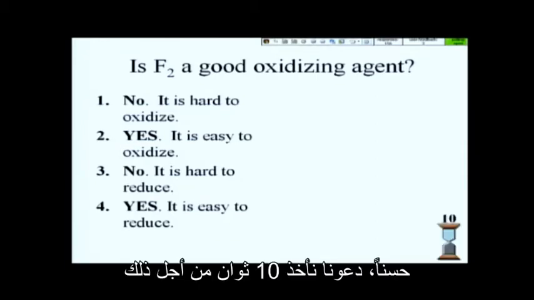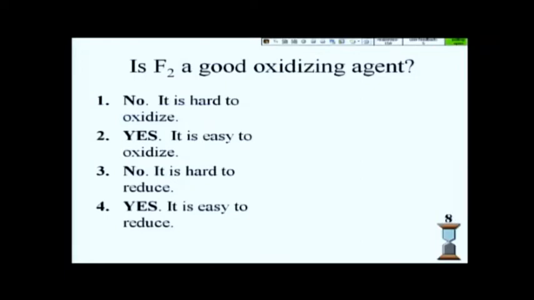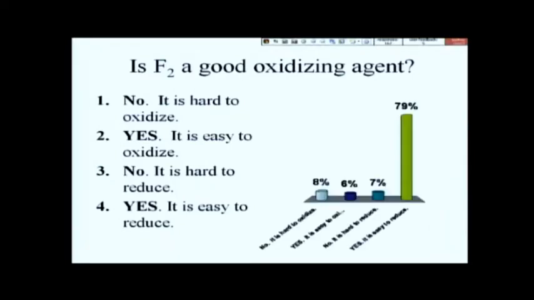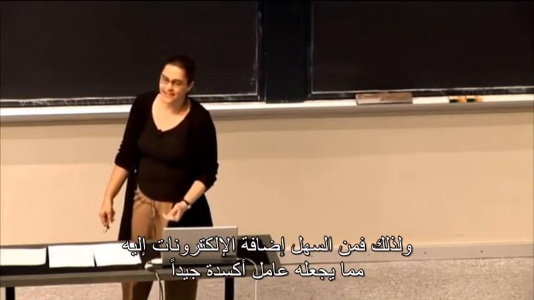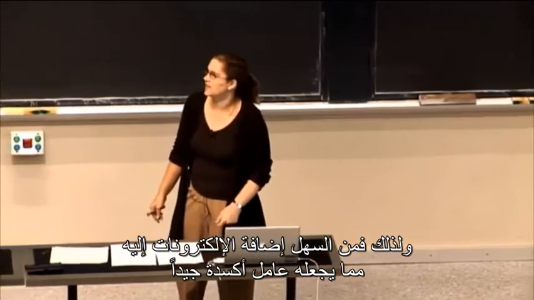Okay, let's do 10 seconds. Good. Yes, it is easy to reduce. So it's easy to add electrons, which makes it a good oxidizing agent.